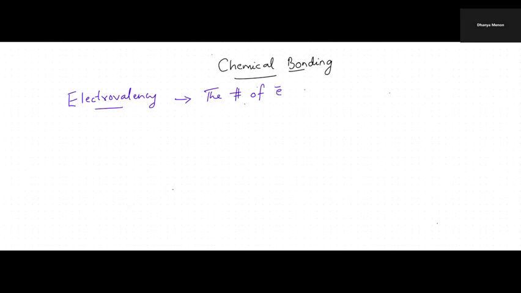Given by the metal, or taken by non-metal. That's understood. During the formation of ionic bond. And it's always positive. We always take the magnitude.